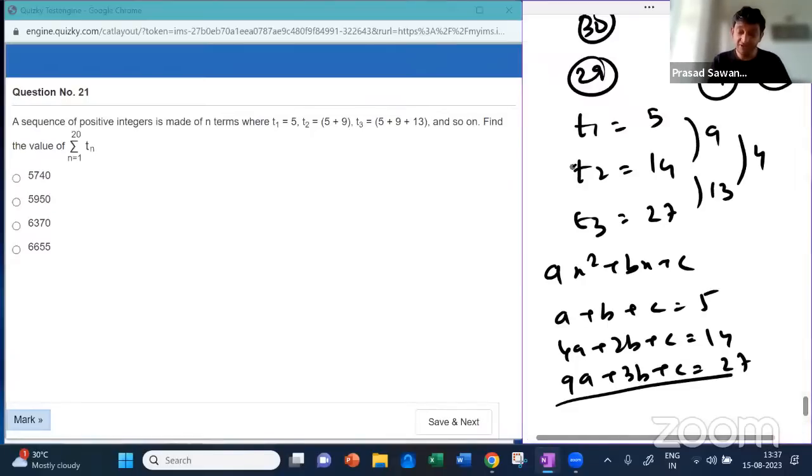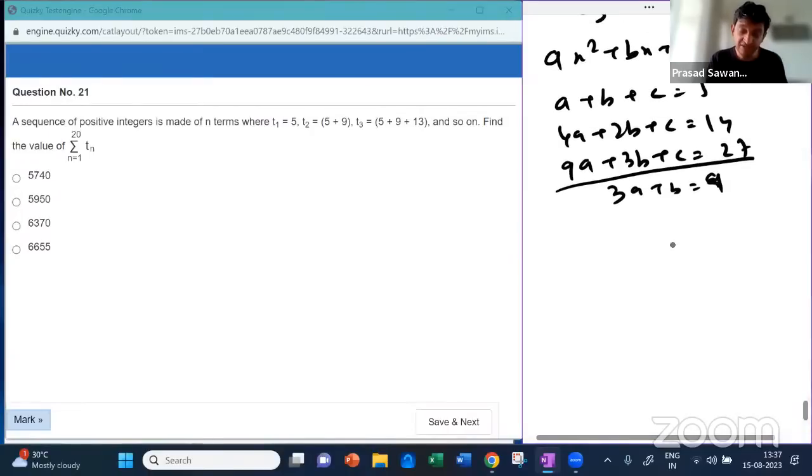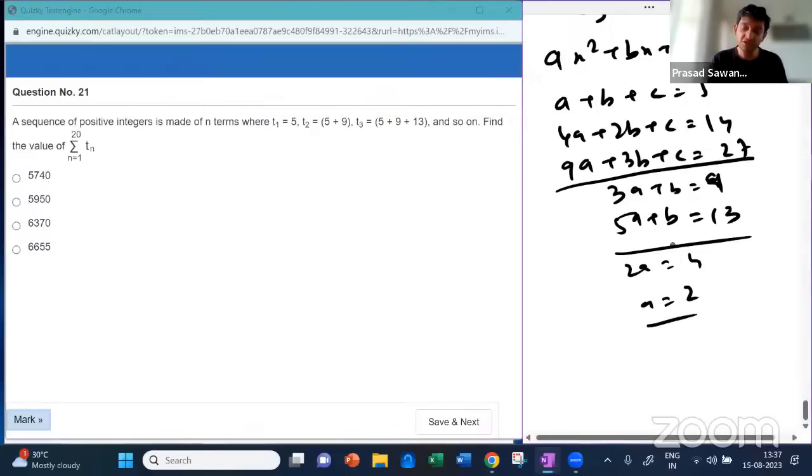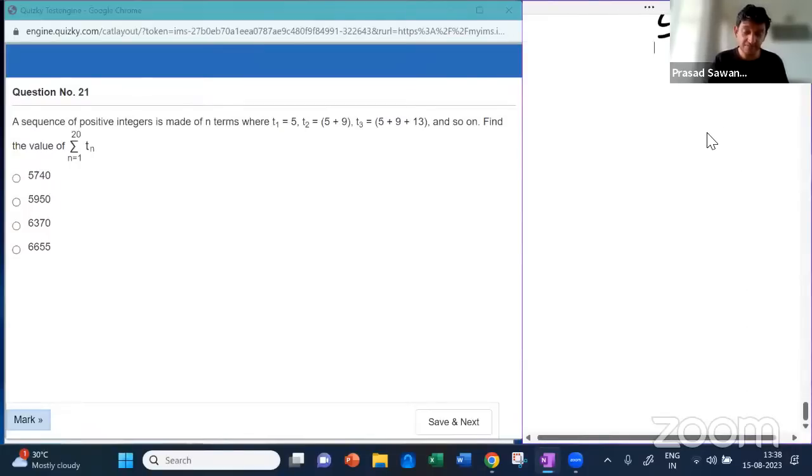Now if I compare these two and remove c, I'll get 3a plus b is 9, and if I take the second and the third one then I will get 5a plus b equals 13. So 2a equals 4, a equals 2. So a is 2, b will be 3 and c will be 0. So it's basically 2x square plus 3x.